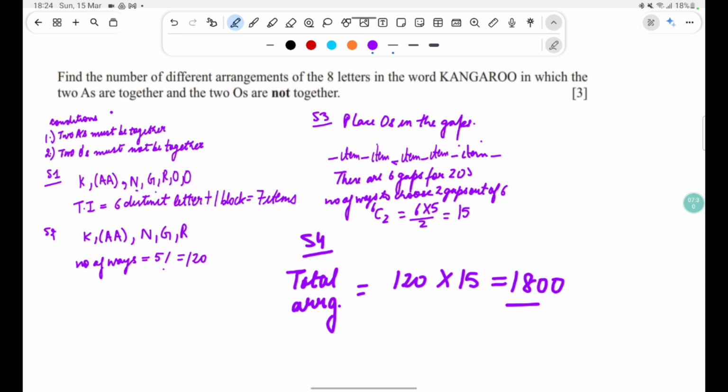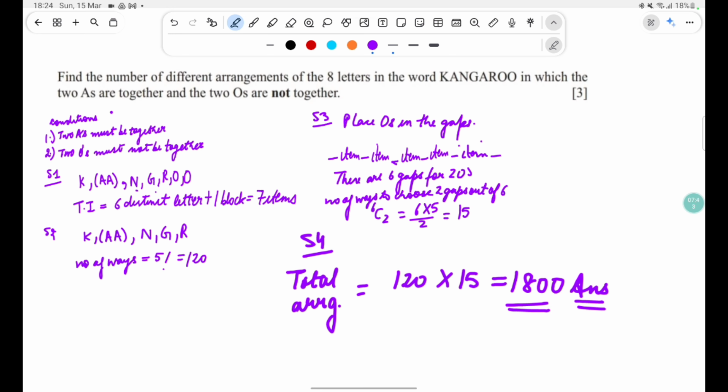So if we quickly revise it, first of all, I treated both the A's as 1 unit, and then I got total items as 7, and then if I separate the O's, there would be total 5 items, and to arrange 5 items we have 5 factorial ways. Then we have to place O's in the gaps so that no two O's are together.